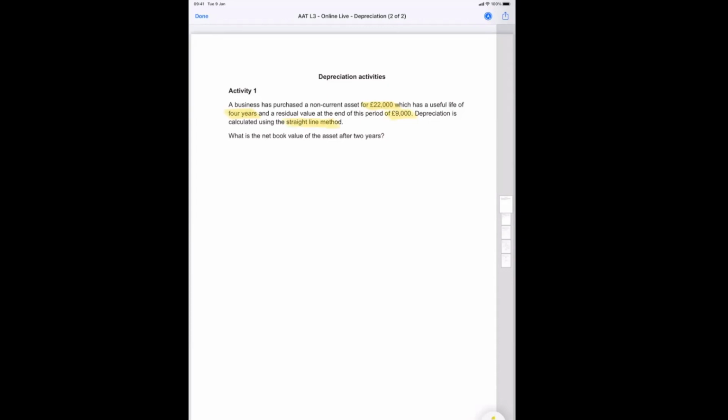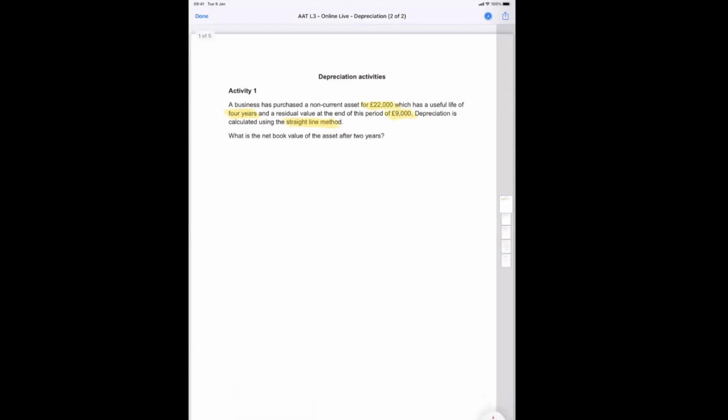The residual value is how much we expect the asset to be worth after 4 years' time.